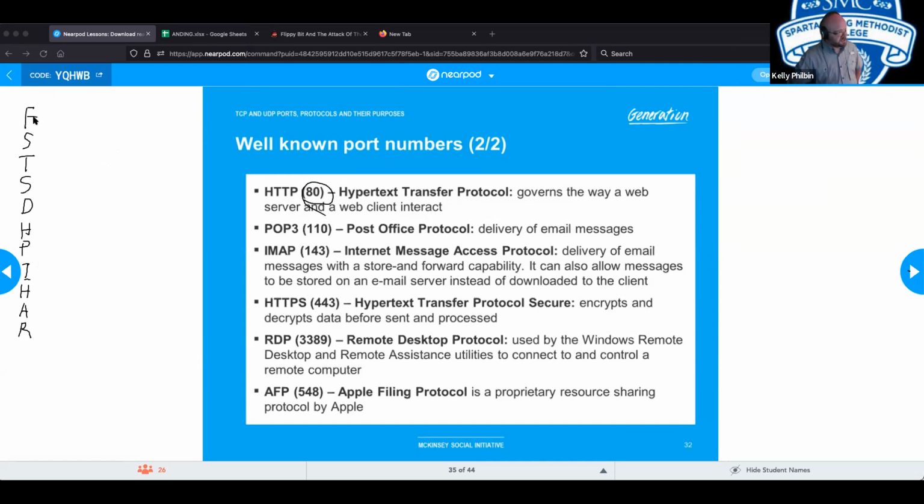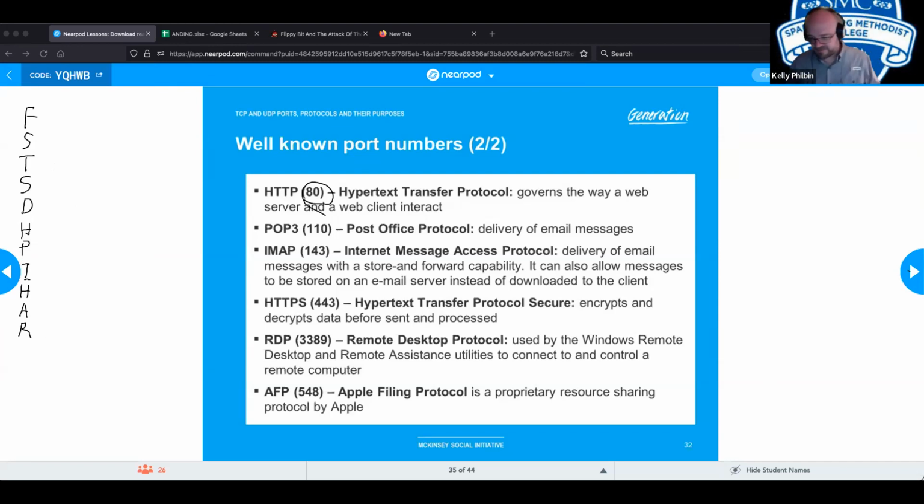So this should be FTP, Secure Shell, Telnet, brain lapse, SMTP, DHCP, HTTP, POP, IMAP, HTTPS, AFP, and RDP.